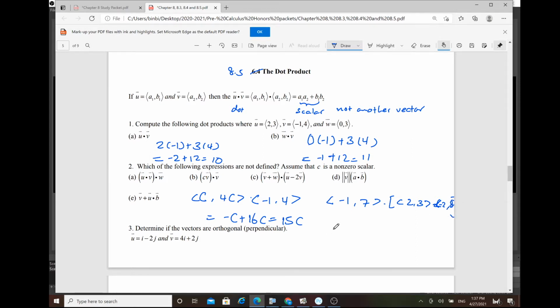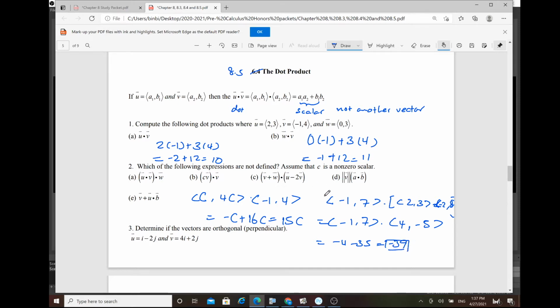Putting the bracket, (-1, 7) dot (2 minus negative 2, 3 minus 8), which is (4, -5). Dot product: negative 1 times 4 is negative 4, and 7 times negative 5 is negative 35. Combine them, negative 39.